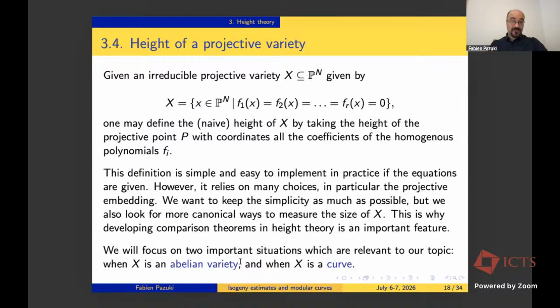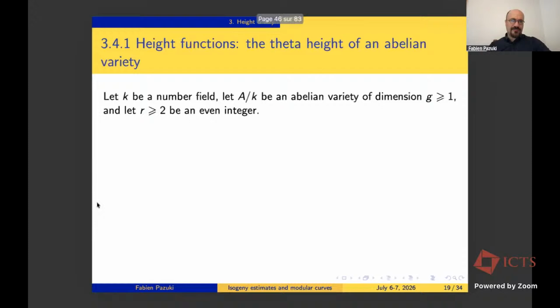So in our situation, the genus grows, as we've seen, at least linearly in n, and that's kind of big because it means the Jacobian variety that is associated is growing in dimension also with n. So anyway, knowing the theory of heights on abelian varieties will be useful to understand the modular curve.